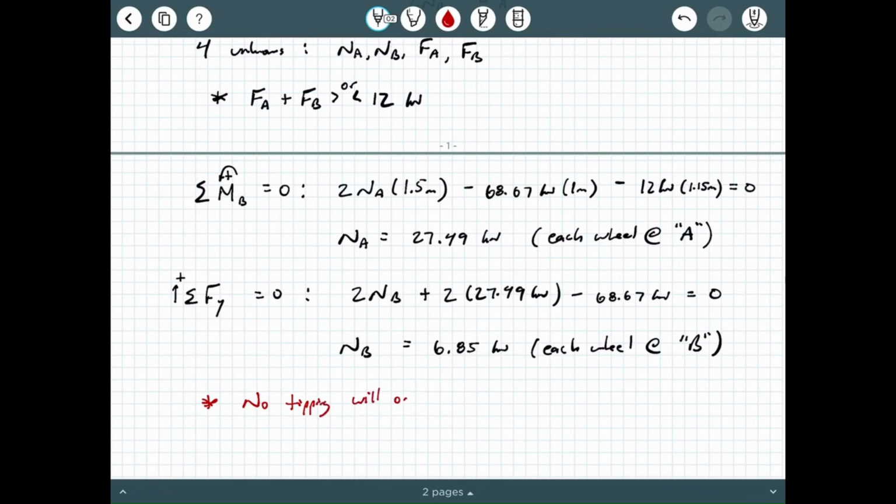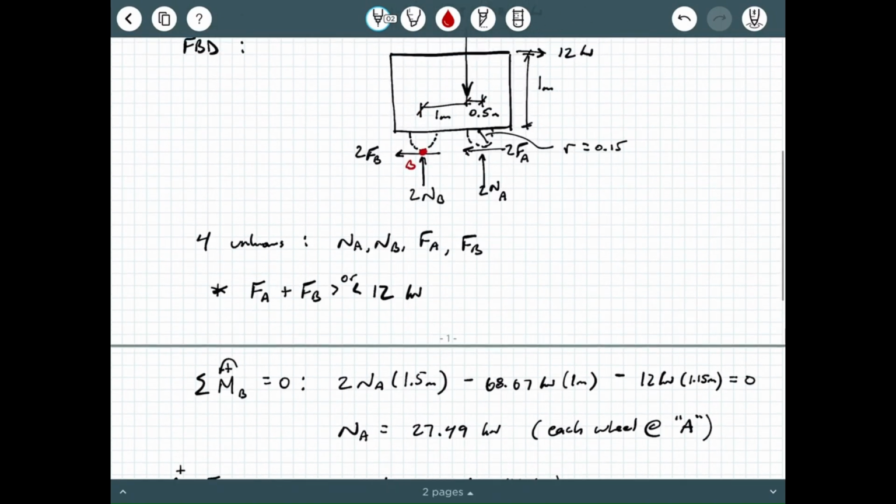We're going to say no tipping will occur since both normal forces are acting upwards in compression, okay? And again, we don't need to solve for the location of the normal force because we were given that, right?